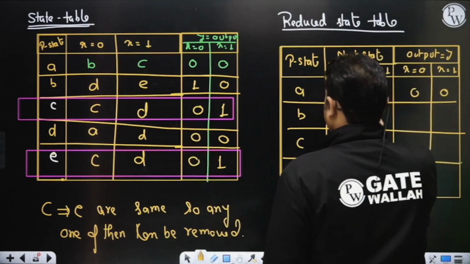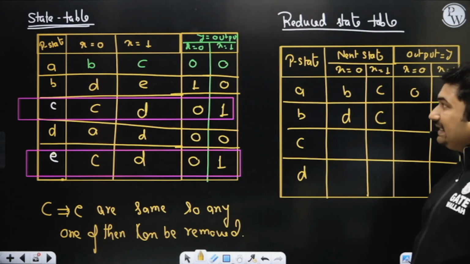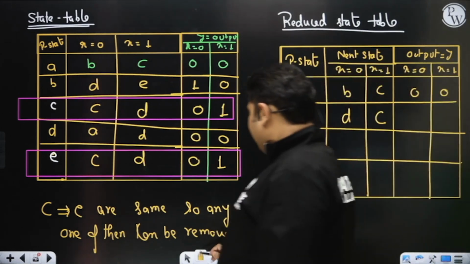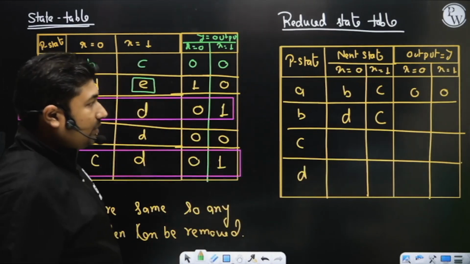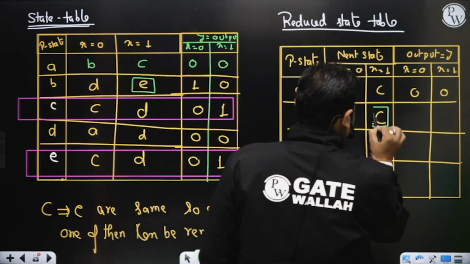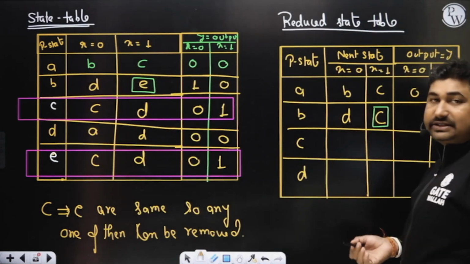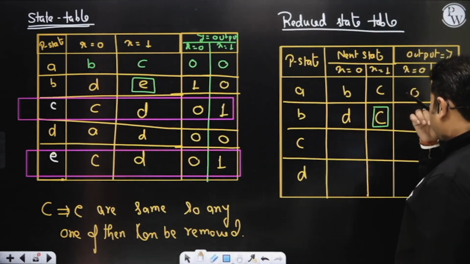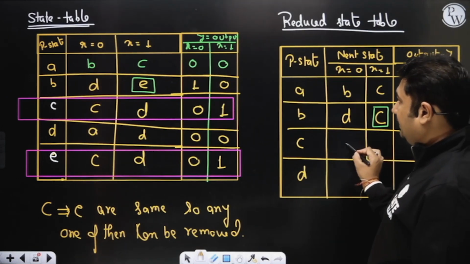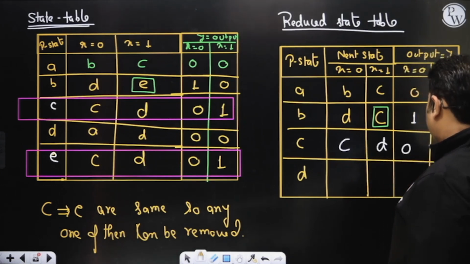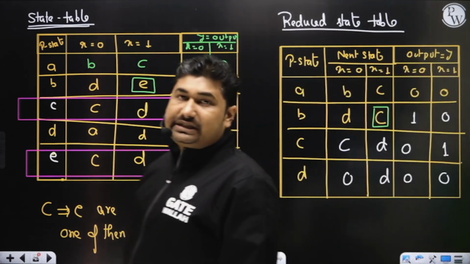For D, instead of writing E, I am writing C. I am replacing E by C. When I replace E by C, I need not represent the last row, the E row. Then again this will be 1, 0. Then C, D, 0, 1 and 0, D, 0, 0. This is your reduced state table.